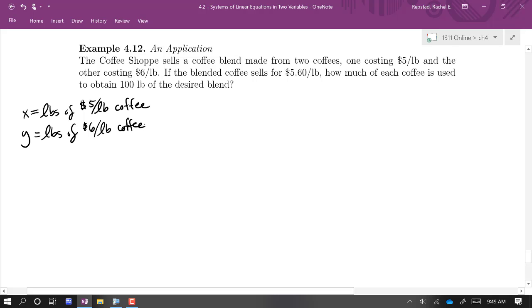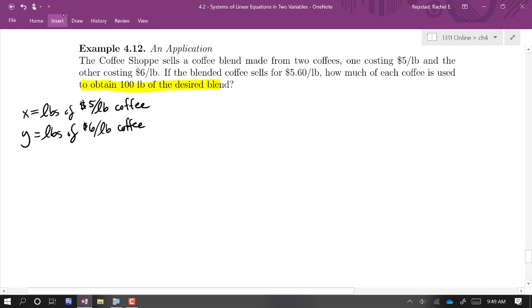Now, in this section where we're solving systems of equations, we have two variables, so they should have given us enough information to write two equations. One equation in this example is pretty simple to get because we're going to get 100 pounds of the blend.